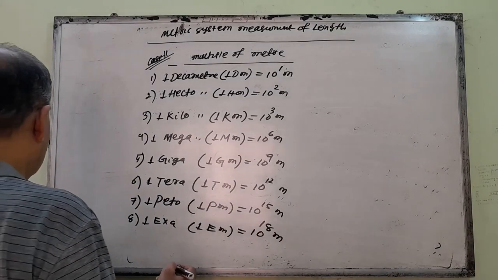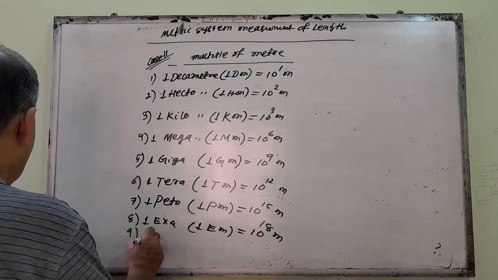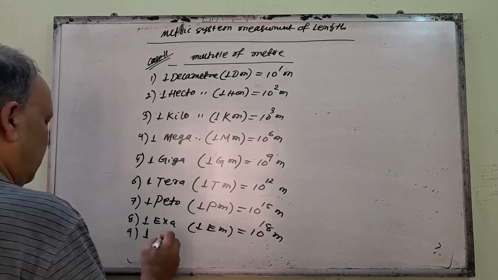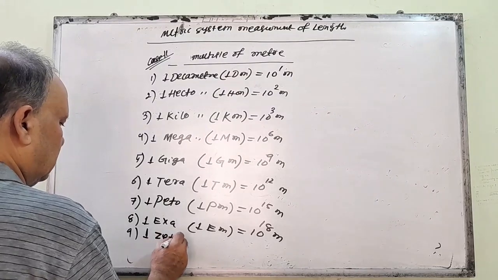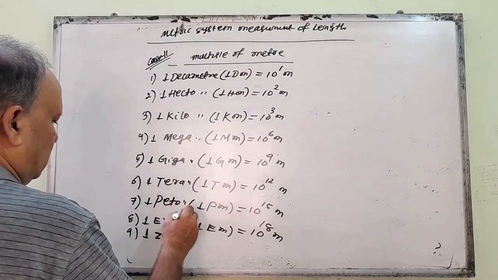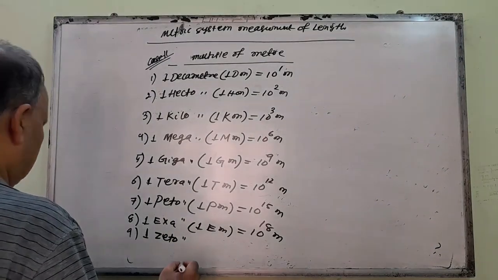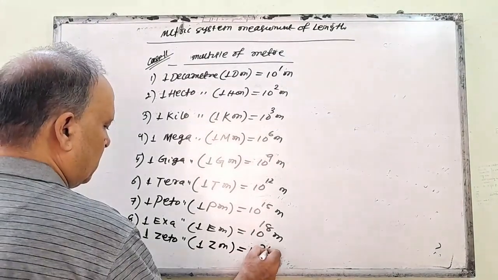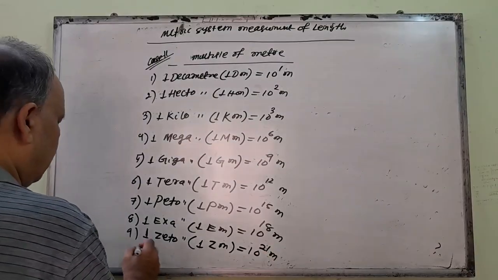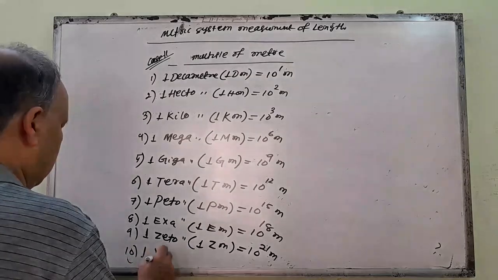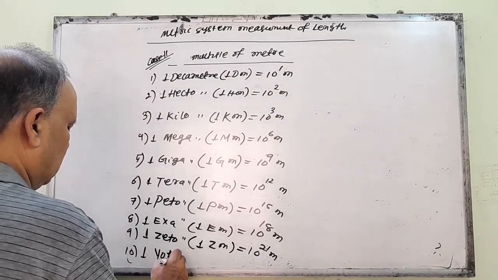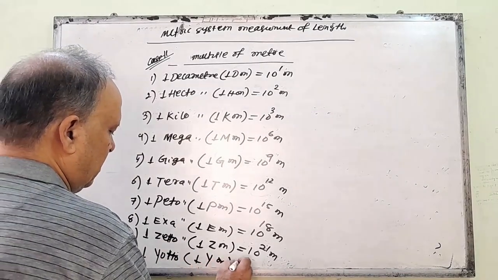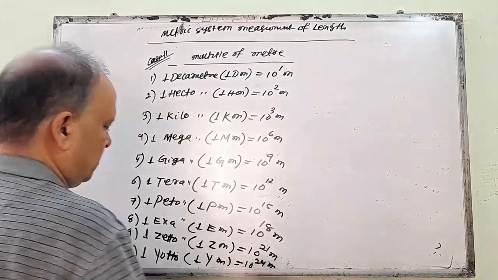Next come to your 9. 1 zettameter, that is 1 capital Z capital M, that is 10 to the power 21 meter, and 1 yottameter, capital Y capital M, that is equal to 10 to the power 24 meter.